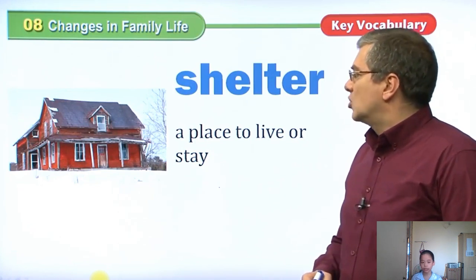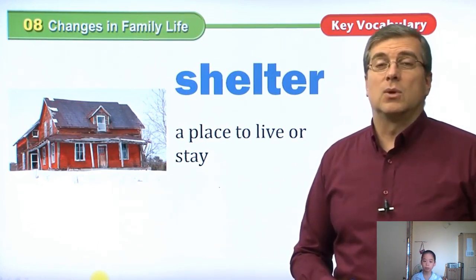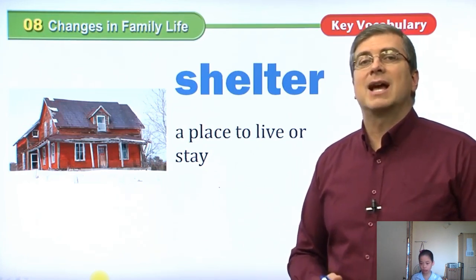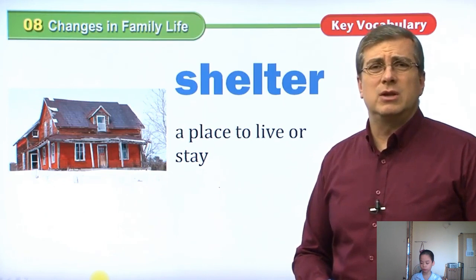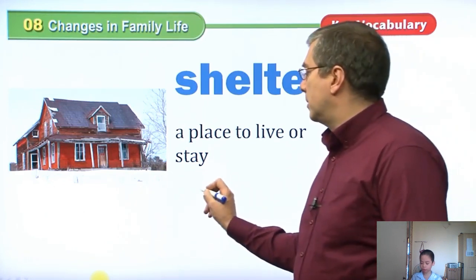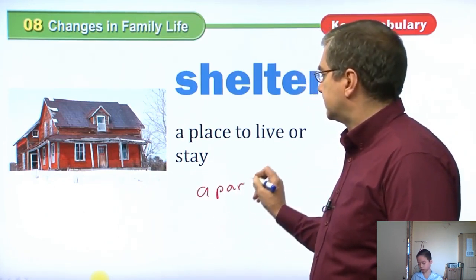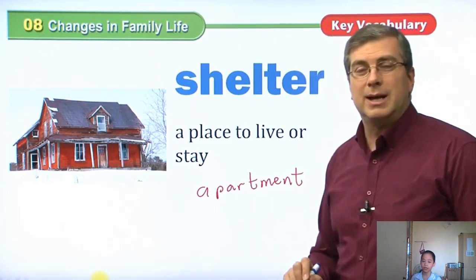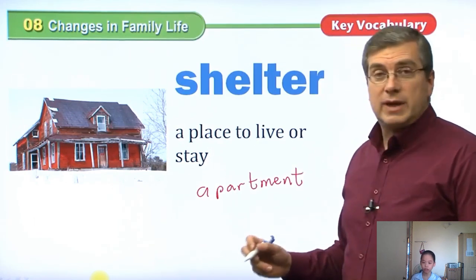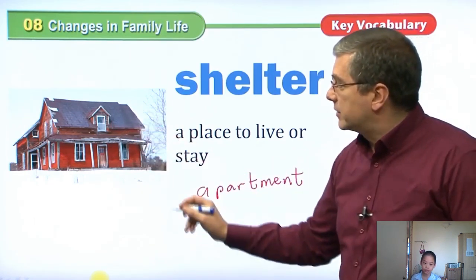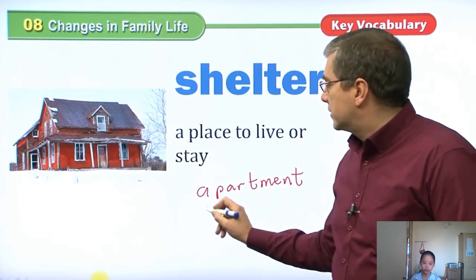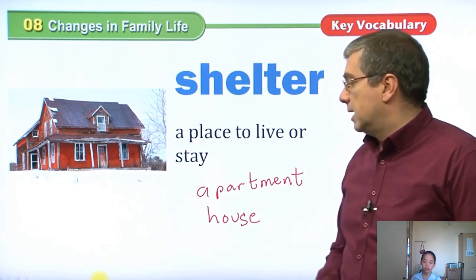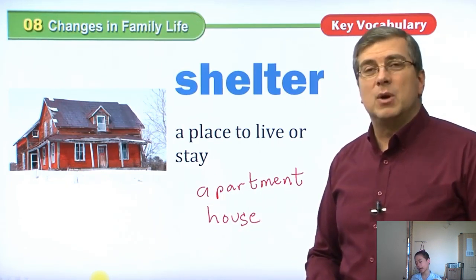The next one we have is shelter. Shelter is a place to live or stay. When you are in a forest, you don't have a home, so you will remember your house, because shelter is a place to live. One type of shelter is an apartment. This is a picture of a house made of wood.